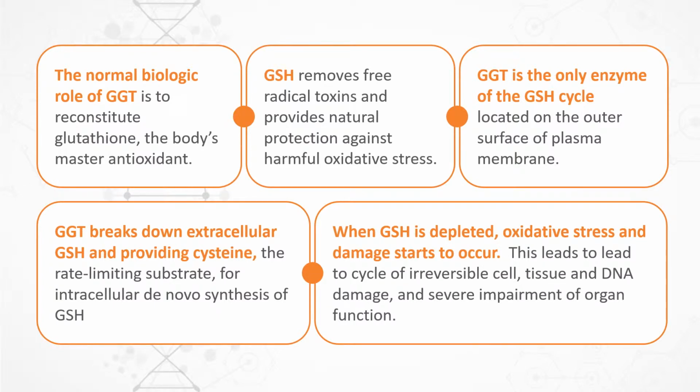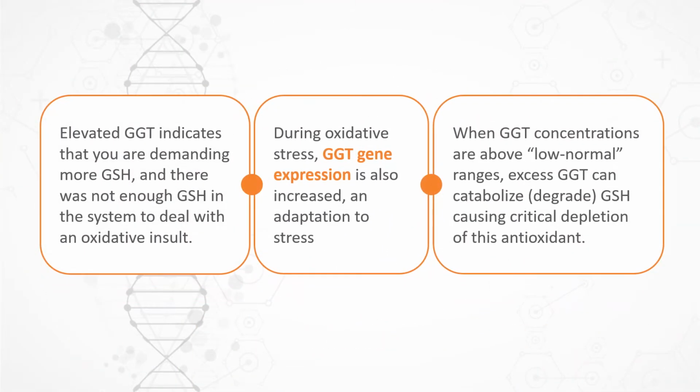When glutathione is depleted, you get out of control oxidative stress, and you get tremendous DNA damage, you get irreversible cellular damage, you get scarring, you get tissue damage, and you get impairment of organ function. So when your GGT goes up, it means that you're utilizing much more glutathione than you were expecting.